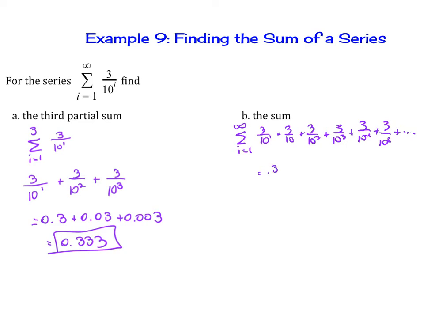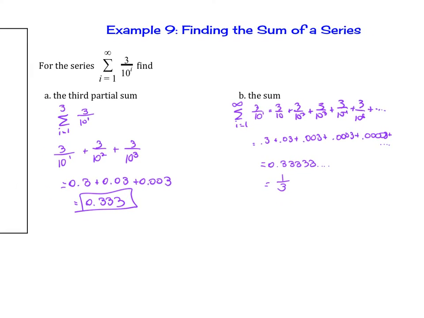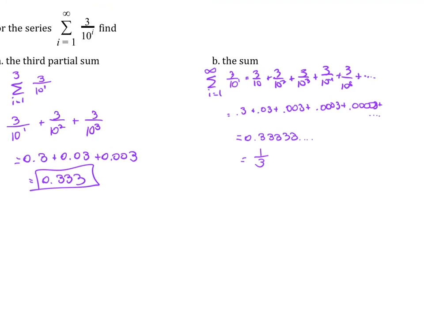We already know that this is 0.3 plus 0.03 plus 0.003, and then it keeps going, dot, dot, dot. If I add these all together, I'm going to get 0.3333, and it keeps going, and that is really 1/3.